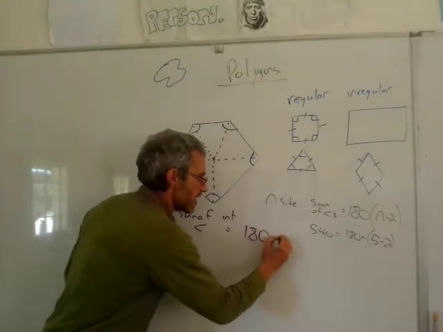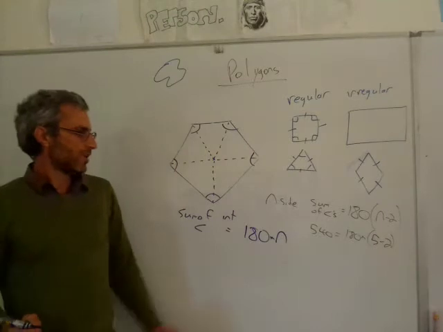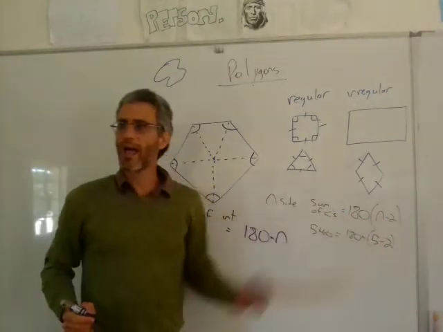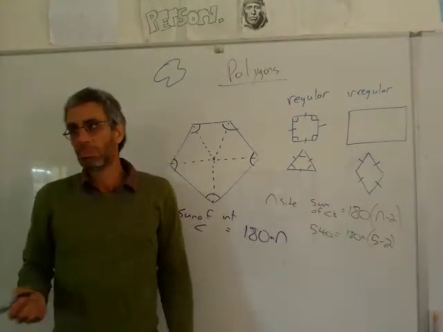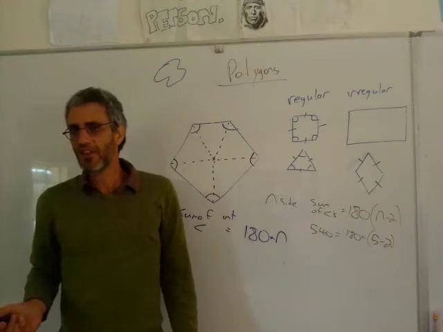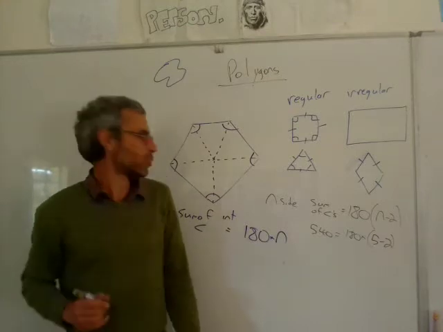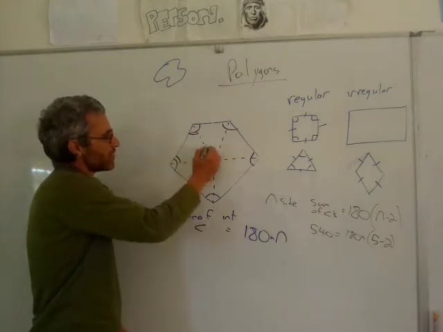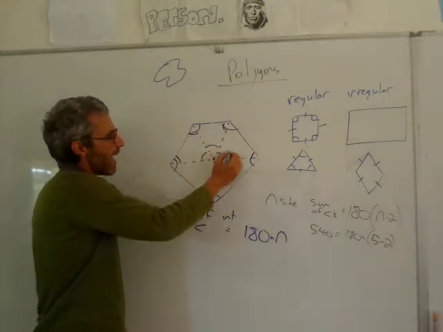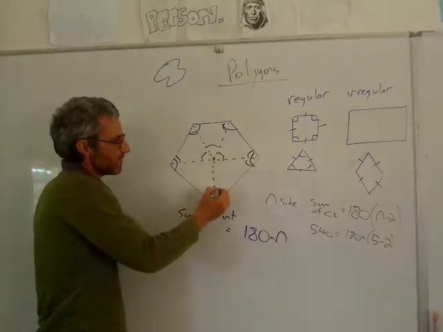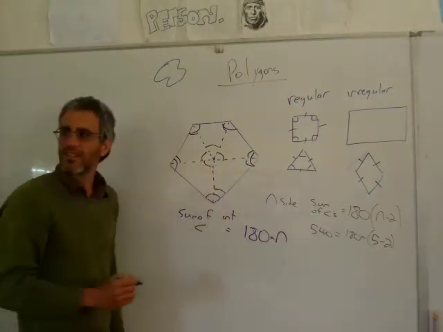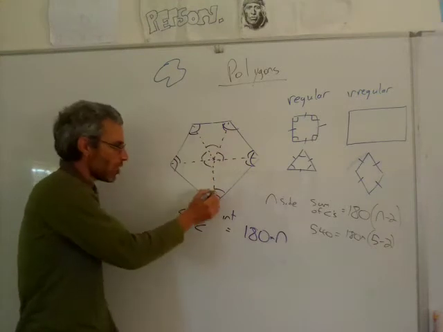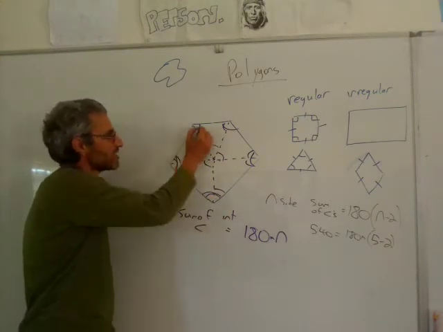So the sum of angles in all these triangles is going to be 180 times n. But now that's not the same. Why do I have that minus 2? Anyone can think of a reason? When I added all these angles of these triangles, am I adding things that I shouldn't be adding? The middle bit. The middle bit is not internal angles. Only these are the internal angles.